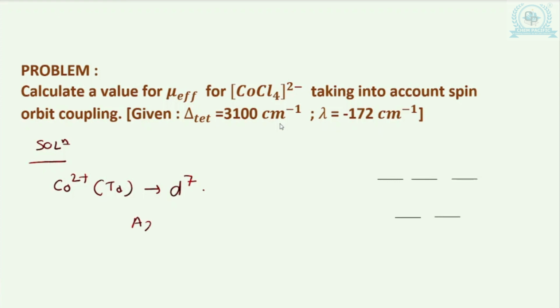You have the ground state A2, and if it is A2, you must be knowing that for A2 what value of alpha do we take? 4, right? E will be below and this will turn out to be your T2. So no subscript will be used. So this is 1, 2, 3, 4, 5, 6, 7.